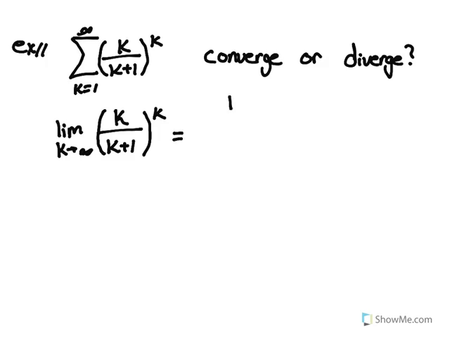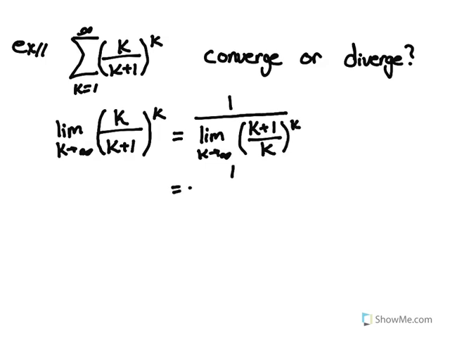So this is equal to 1 over the limit as k goes to infinity of the reciprocal of the fraction, so it's k plus 1 over k to the power of k. And this is equal to 1 over the limit as k goes to infinity of 1 plus 1 over k to the power of k.